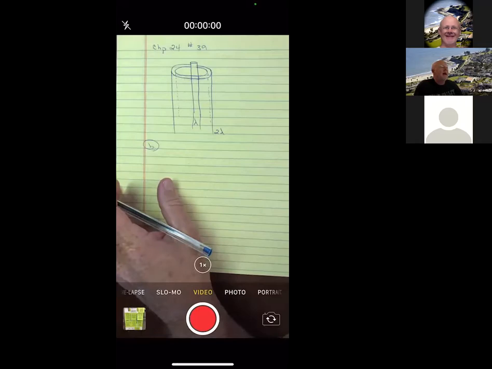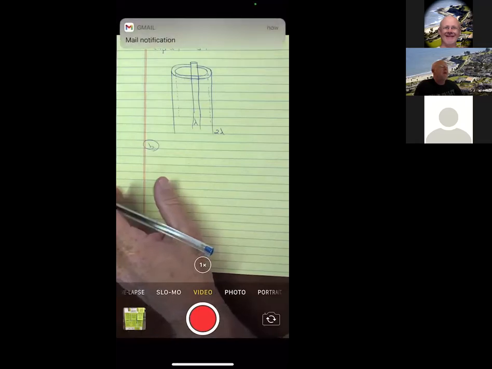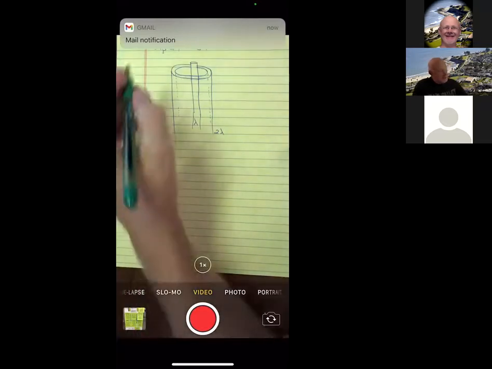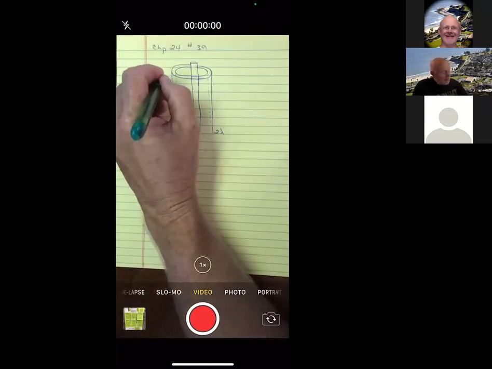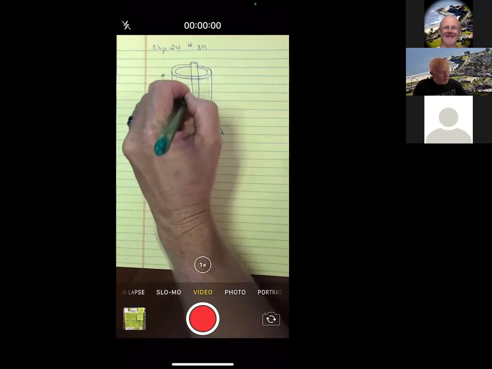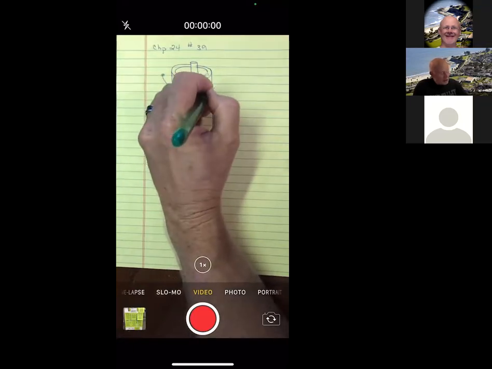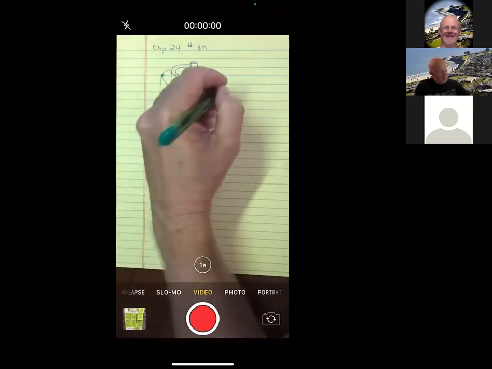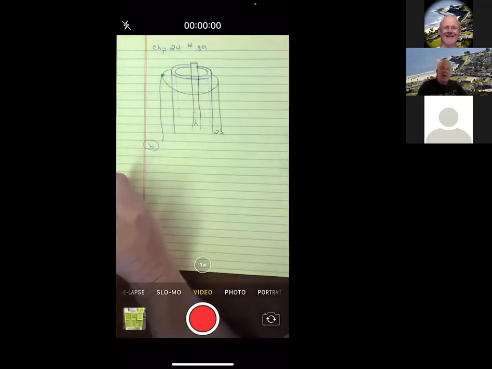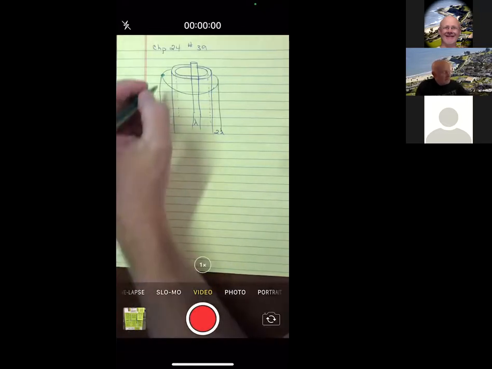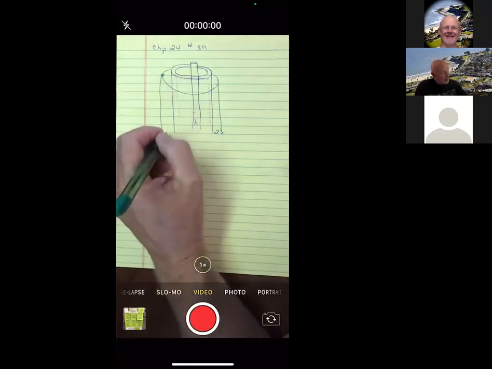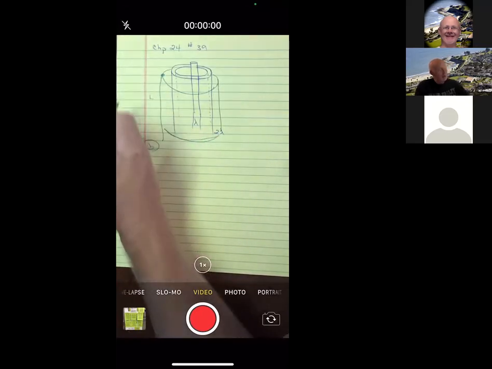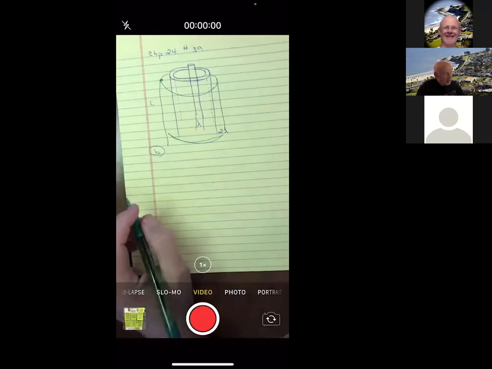The electric field outside of the cylinder. So outside of the cylinder would be a Gaussian surface that would be something like this. And maybe I'll actually just do a finite length L to the Gaussian surface.